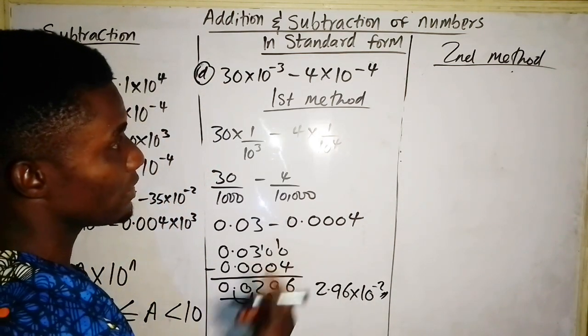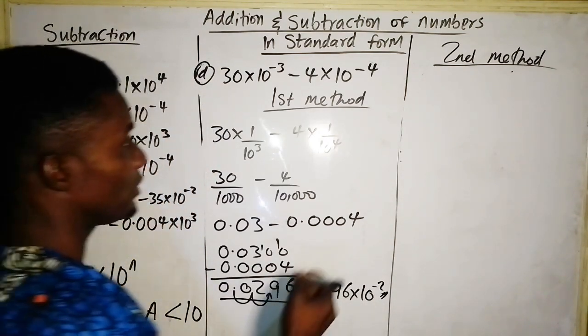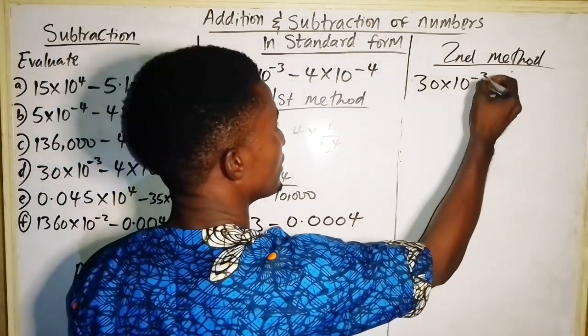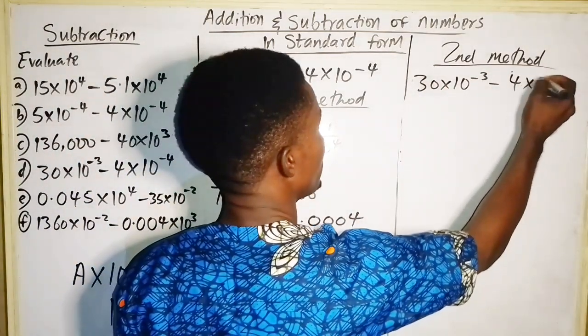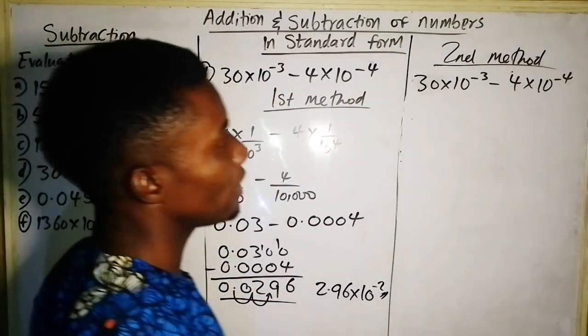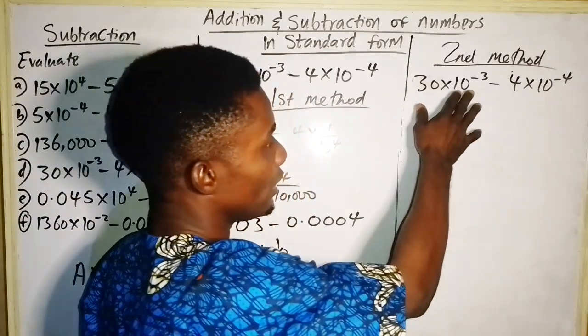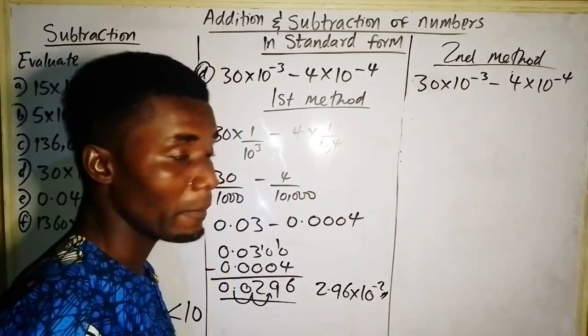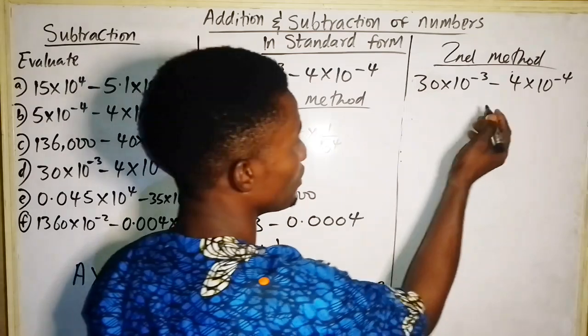So now let's use the second method to figure out the answer for this same question. So we have 30 times 10 raised to the power minus 3 minus 4 times 10 raised to the power minus 4. So to solve this question now, all we need to do is to adjust either of these exponents to be the same as the other so that we can evaluate completely. So let's adjust the exponents.